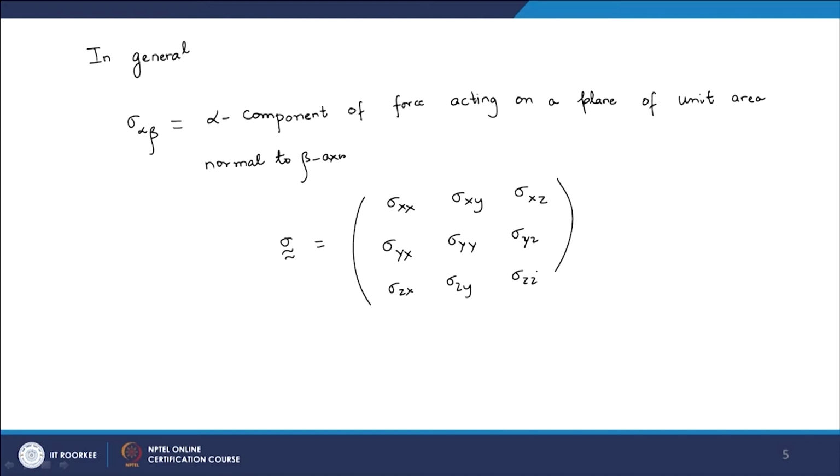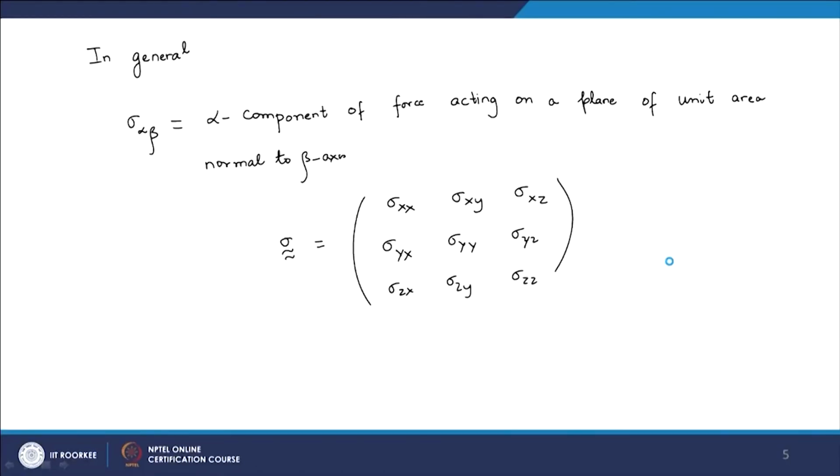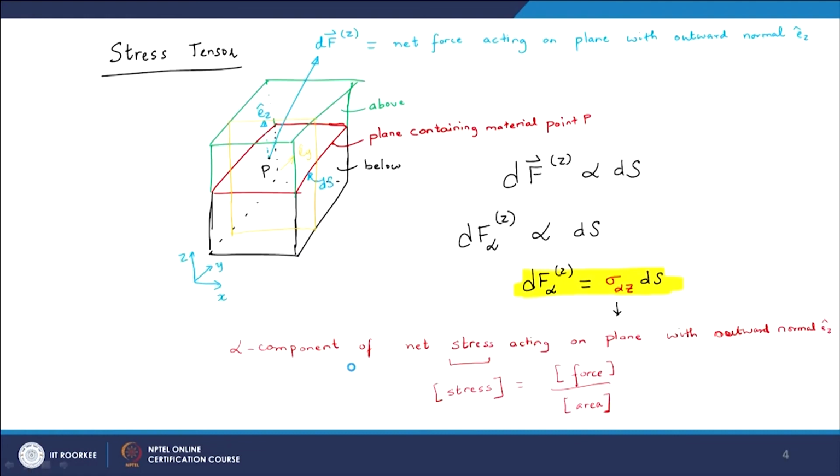And then since I have said that df alpha is sigma alpha z ds, I can write the statement that I have written right here in more general terms as df is equal to sigma dot n cap ds, and you can see why it has to be the case here as well, because in this case n is equal to Ez.